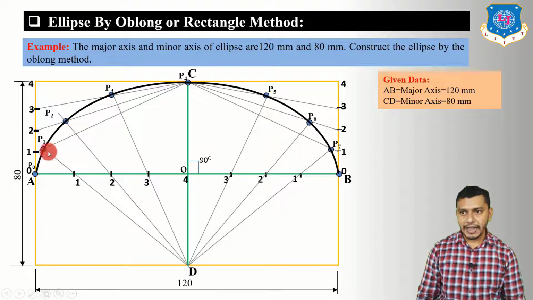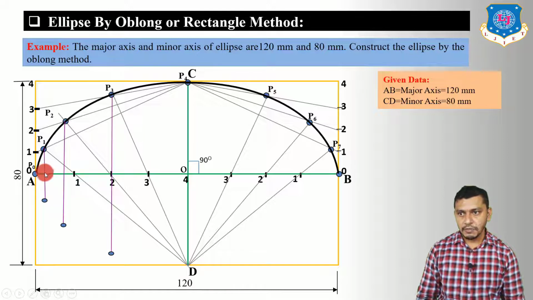So draw the lines parallel to the minor axis from P1, P2, P3, and now from the intersection point of this vertical line and the major axis, measure P1. That means from this point we have to measure P1 and mark the point below the major axis at the same distance.